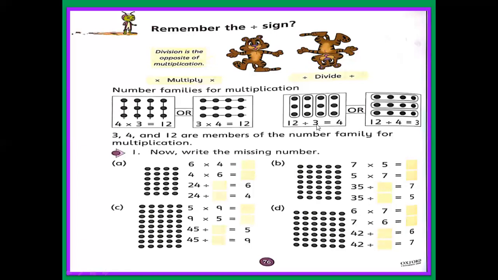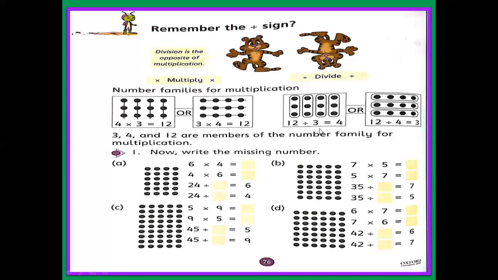In multiplication, we check that the second number multiplied by the answer should equal the first number. In multiplication, the first number multiplied by the second gives the answer we write after the equal sign.